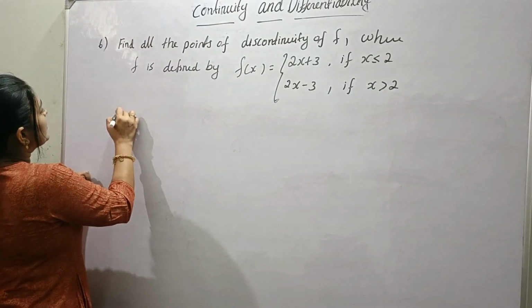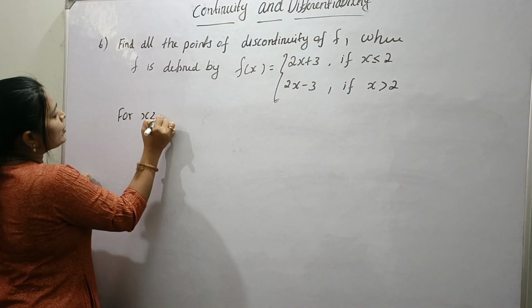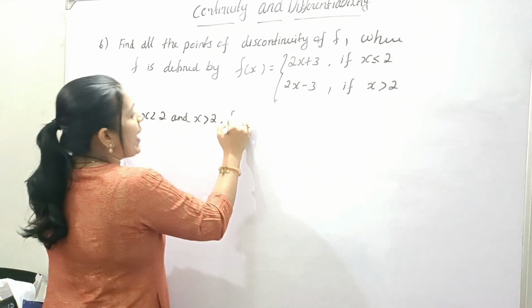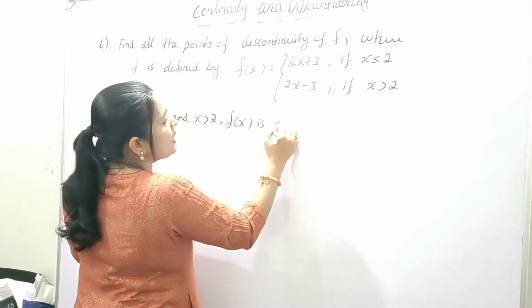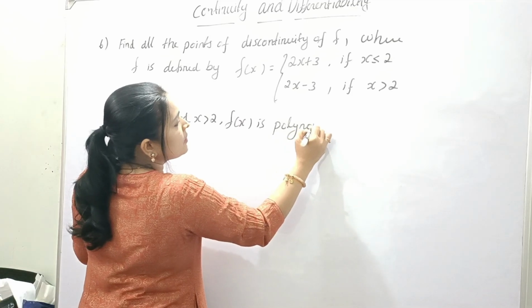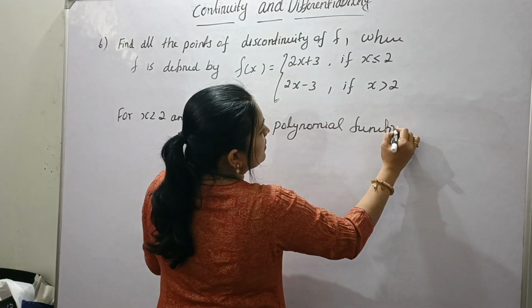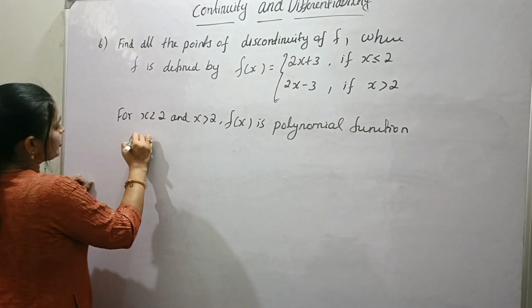Therefore, here we can write that for x less than 2 and x greater than 2, f of x is a polynomial function, and it is continuous.